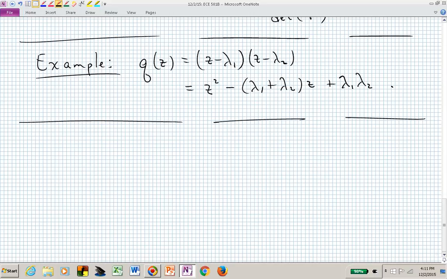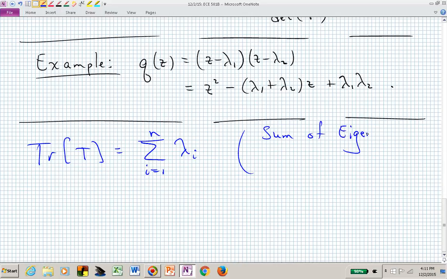The characteristic polynomial, applied to our operator, now allows us to say that the trace of T is this sum from i equal 1 to n of lambda sub i, where this sum of eigenvalues includes the multiplicities of those eigenvalues.